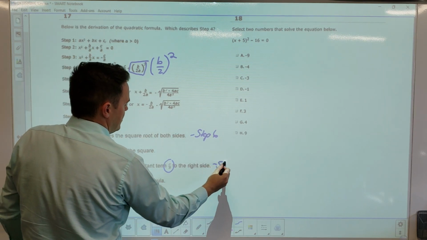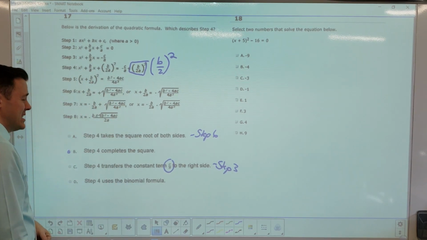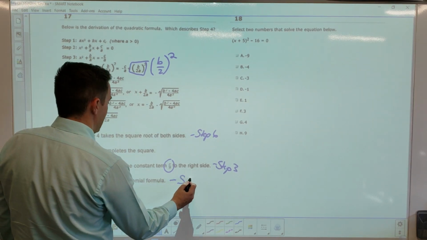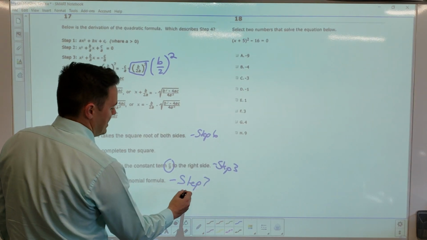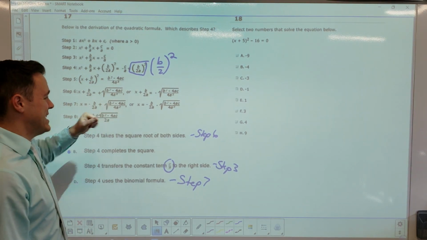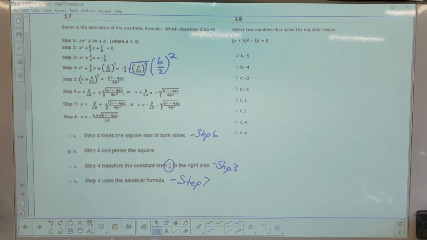This would be, and then for everybody that's not in my 6th hour class, because we looked this up later, the binomial formula is actually step 7. Okay, we looked it up. We think it's step 7. It makes more sense, okay, because you're switching things over, you're adding, subtracting, doing the binomial formula.